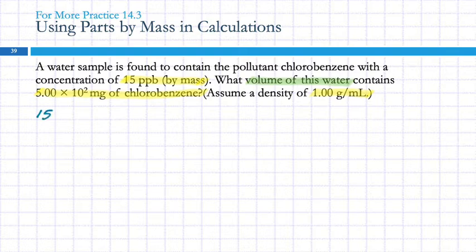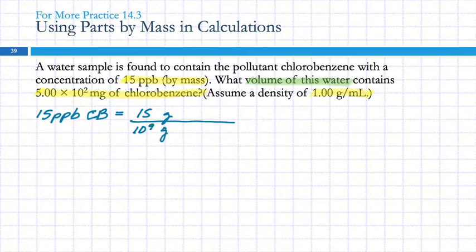So 15 ppb chlorobenzene. I'm going to call chlorobenzene CB for short. So what does 15 parts per billion by mass mean? 15 grams per billion grams. Whoops, that's million.